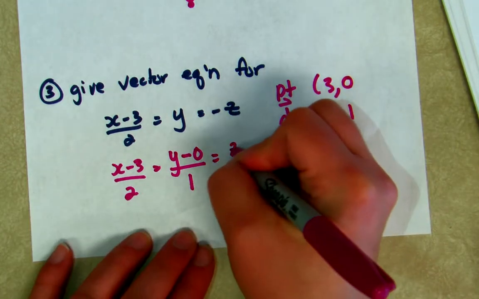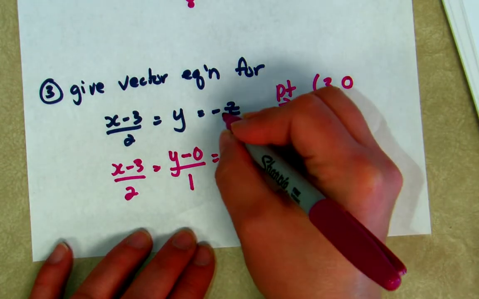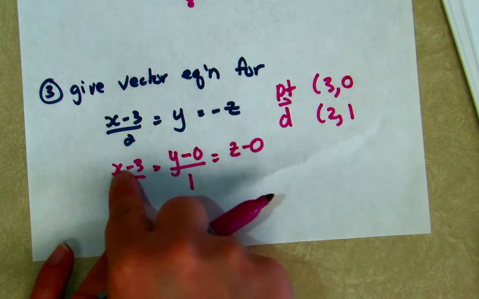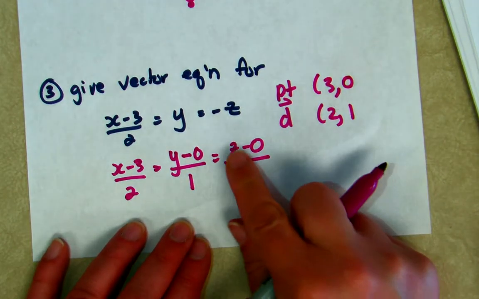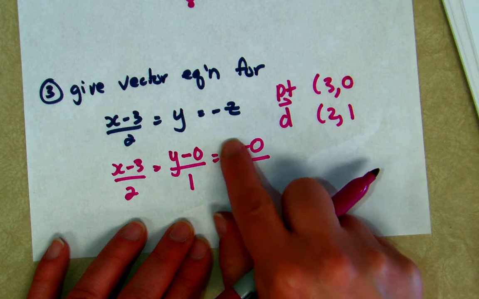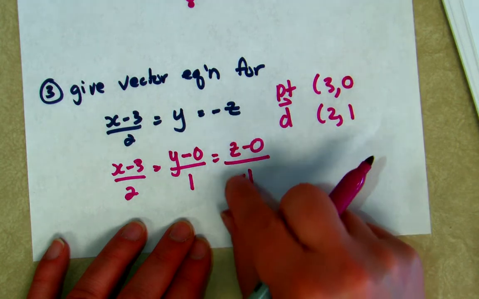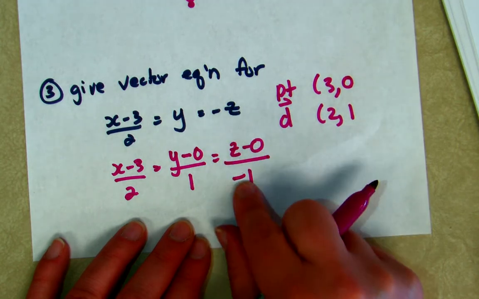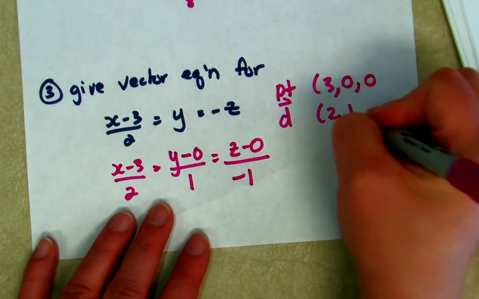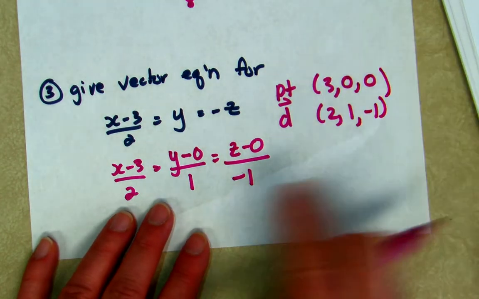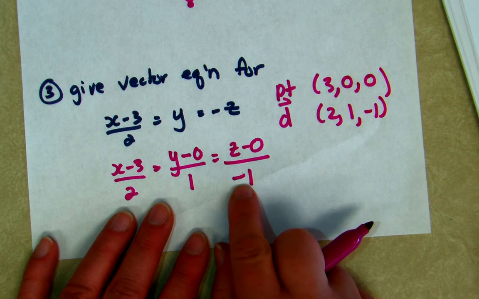Now, I need z minus 0. I can see that on top, but they have a negative z there. Symmetric always starts with positive x, y, z. Well, that really comes from having a negative on the bottom. So negative z is the same as z subtract 0 divided by negative 1. So 0 is the z part of my point, and negative 1 is the c, or the z part of my direction.